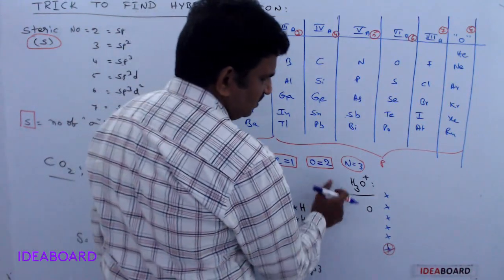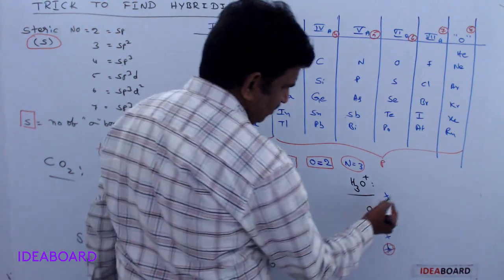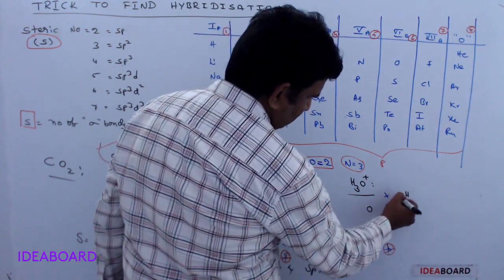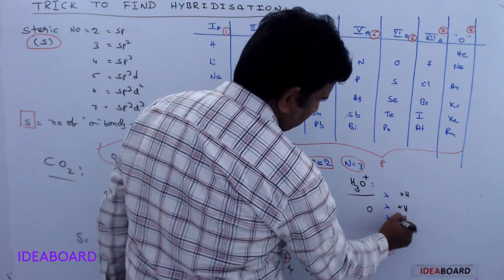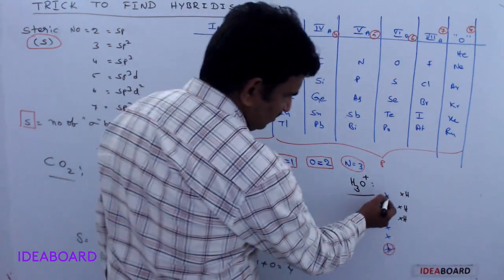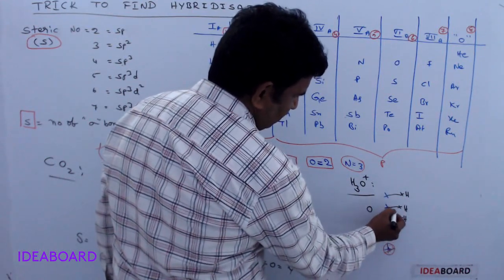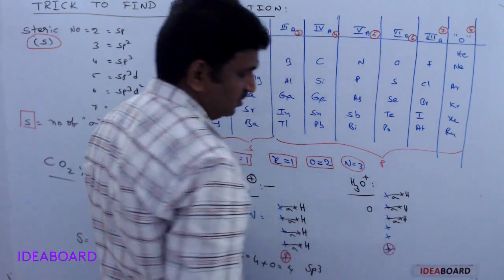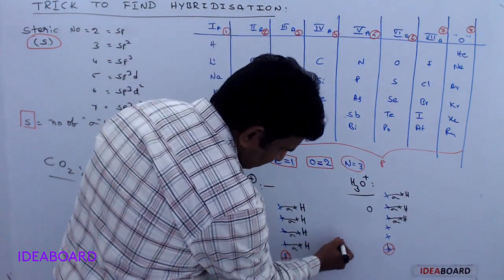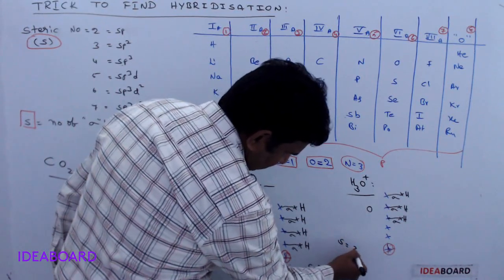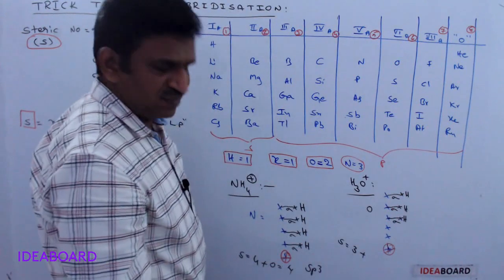Okay. Now here in H3O plus, how many hydrogens do we have? 3. This is 1 hydrogen, this is the second hydrogen, this is the third hydrogen. One sigma bond, second sigma bond, third sigma bond. 3 sigma bonds we have. So what is the steric number we are getting here? 3 sigma bonds plus, is there a non-bonded electron pair?